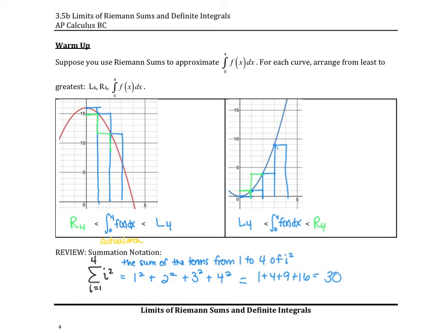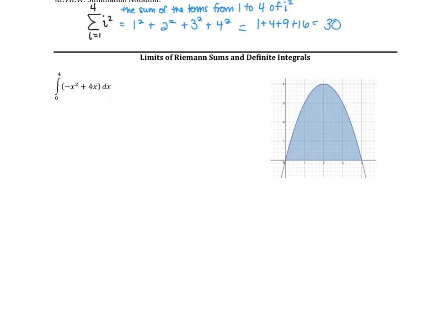Okay, one more warm-up problem. I would like you to find the area under this curve using the definite integral. All right, using the definite integral, we would have negative x cubed over 3 plus 2x squared, evaluated from 0 to 4.